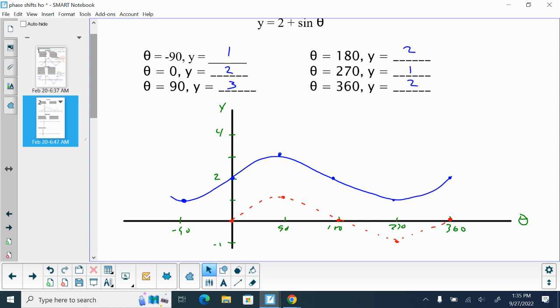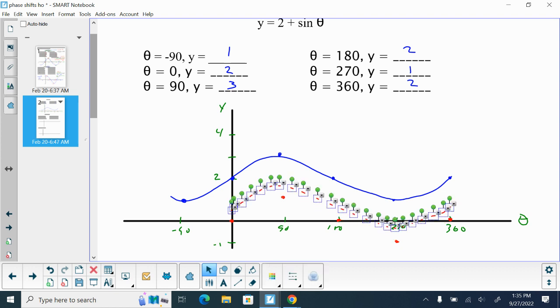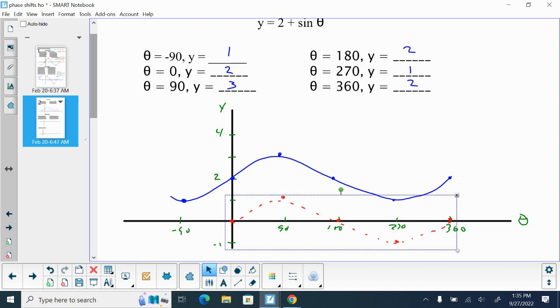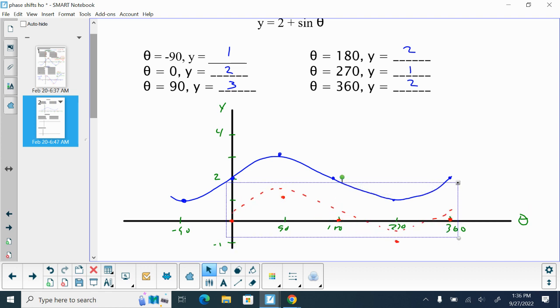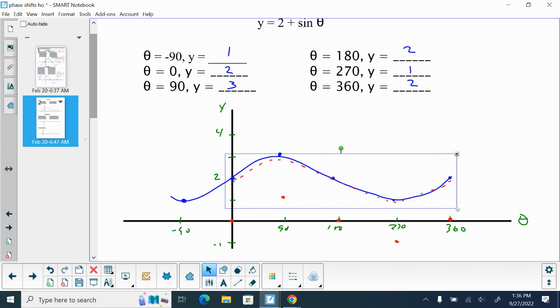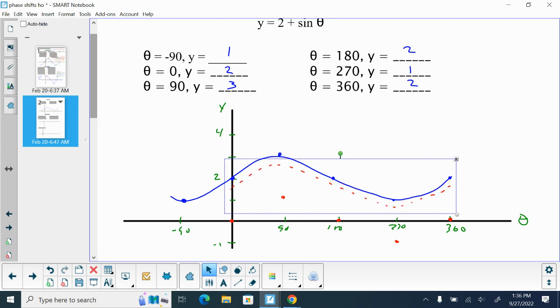If we take a look at our graphs here and compare these two graphs, what has occurred with each one of our points going from y equals sine of theta to 2 plus the sine of theta? Well, if I take a look at my graph, all we have done is take my graph and slide it up to this graph.